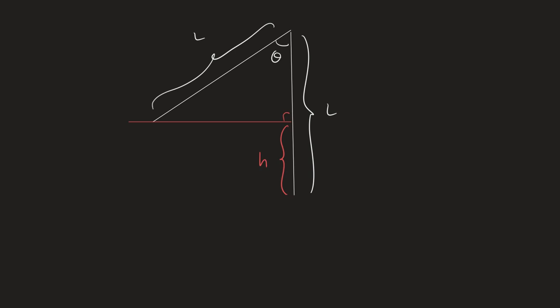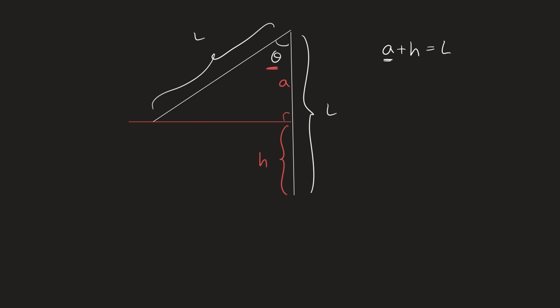Do you also see that this is a right triangle with a hypotenuse length L? From the standpoint of this angle, this side is A, the adjacent side. So A plus H has to equal L, because this whole thing is L as well.